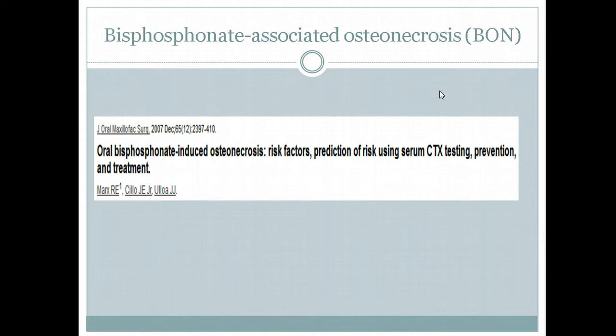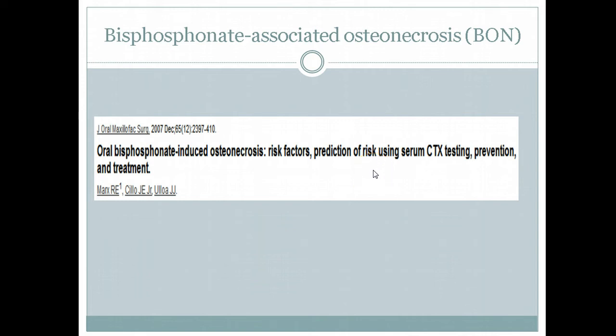Very different from radiation, where the blood supply is actually affected. So the blood supply causes the osteonecrosis part of it. But in bisphosphonate, it's actually the turnover of the osteoclast-osteoblast ratio. Or, I'm sorry, they're shaking hands with each other, and that causes the problem. So, knowing that part, the turnover between the osteoblast and osteoclast, we can actually look at that turnover number and see how active that process is.